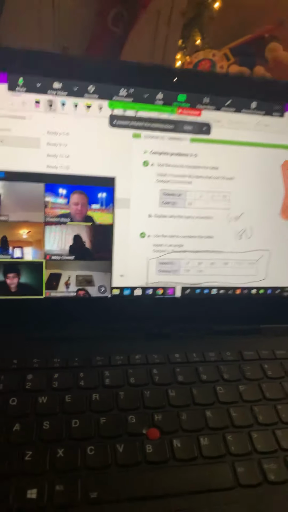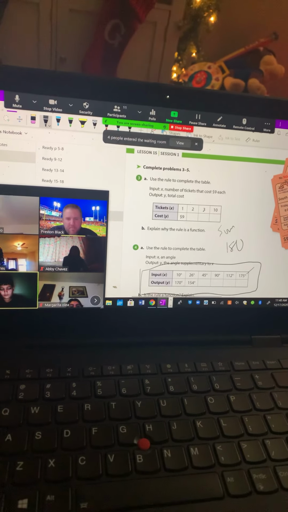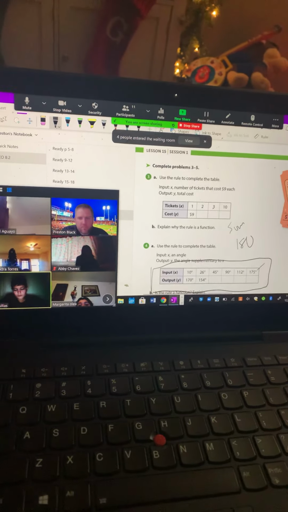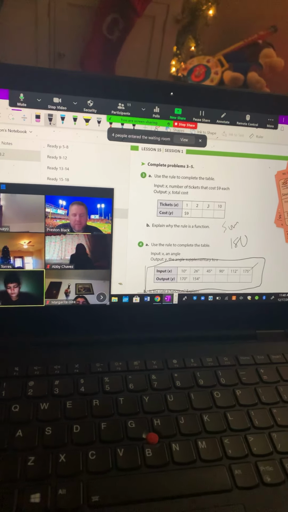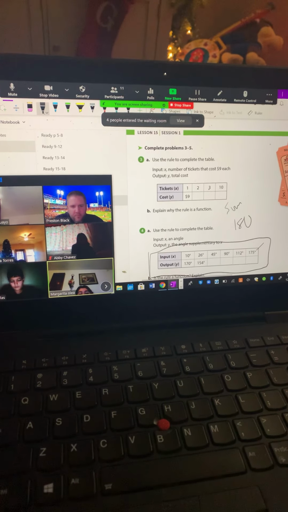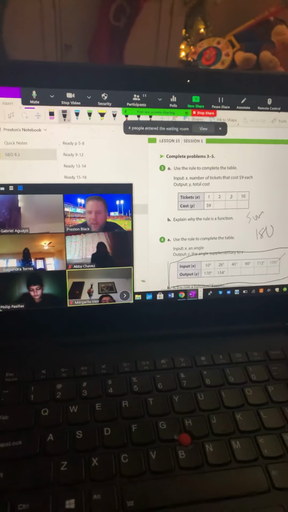Margarita, what was one thing that you noticed that was different? That they're giving us bigger numbers, and that they're also getting us angles. Okay, so bigger numbers and angles.